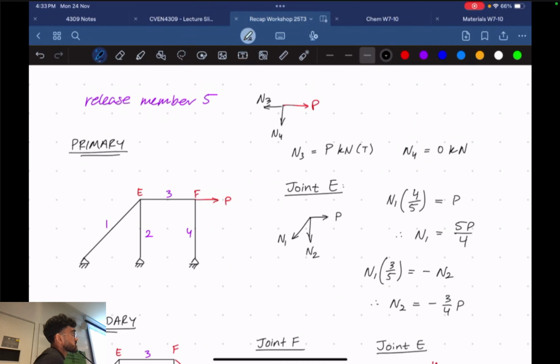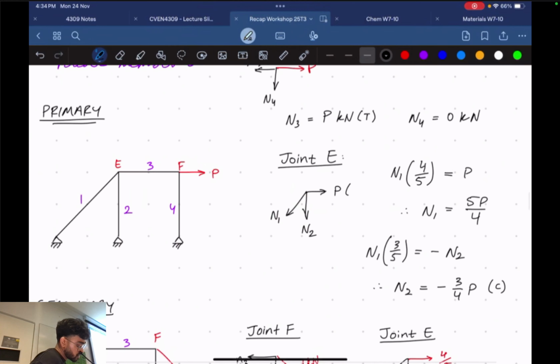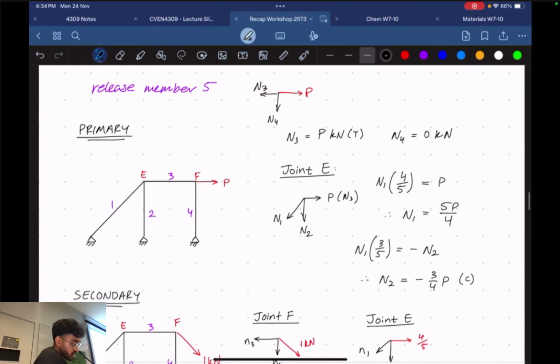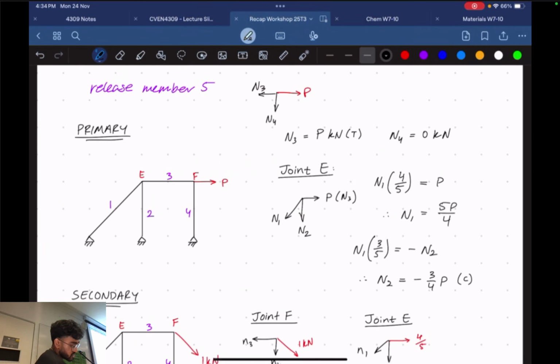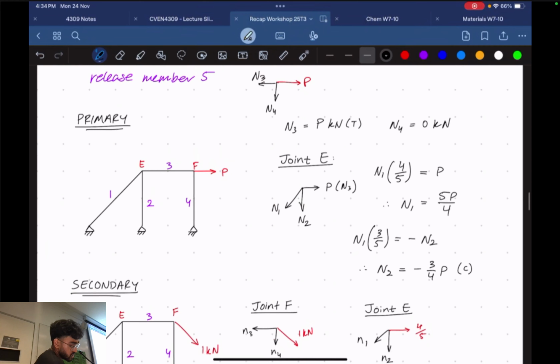A trick for finding your axial forces: assume everything's in tension. If you get a negative number, that means it's in compression. Down here, if I now analyze joint E, I've got N1, N2, and I've got P, which is from N3. Just do a sum of forces in the x and y direction.